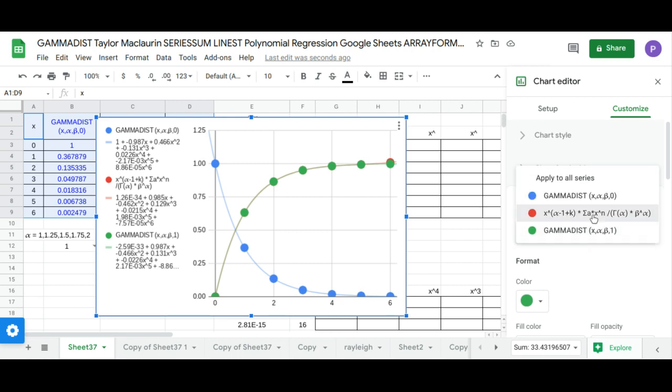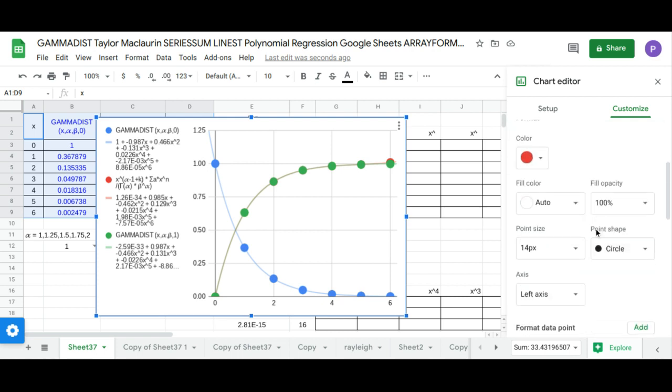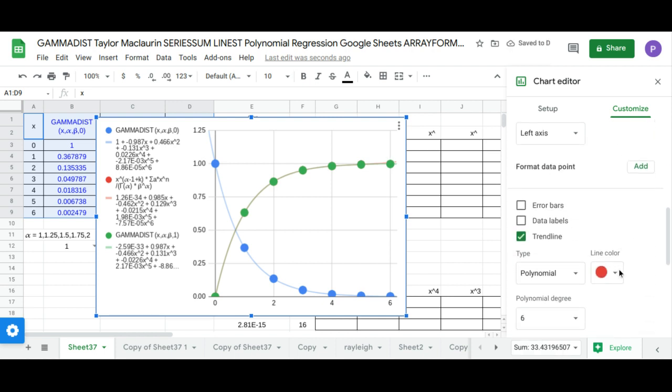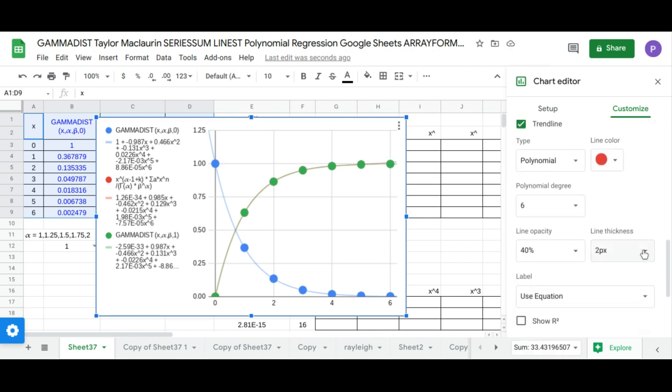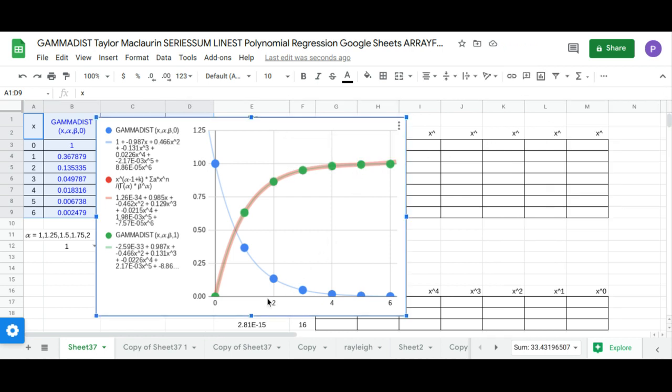the series, this one, since it's the expansion which approximates both, will have no point size, but the line thickness will be maximum. And here's our trend line and polynomial to the 6th degree.